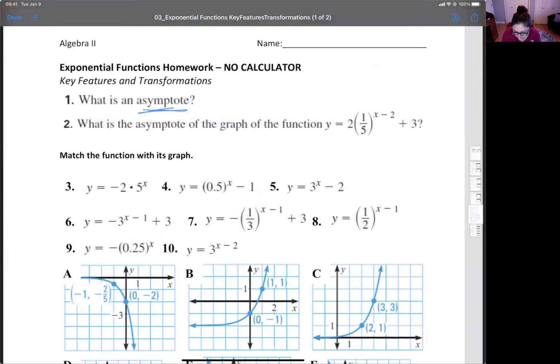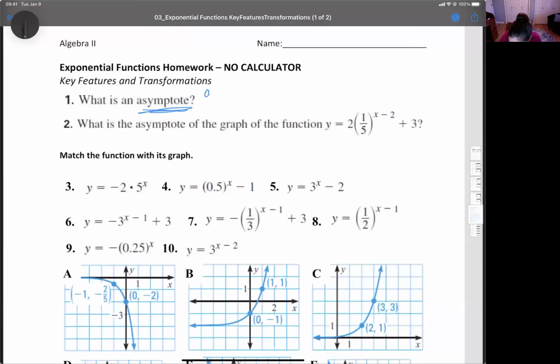One of the important ones that we're going to see as we look at these exponential functions is something called the asymptote. So an asymptote, remember, is this sort of invisible line on my graph that my function graph can get really close to, but will never touch or cross.